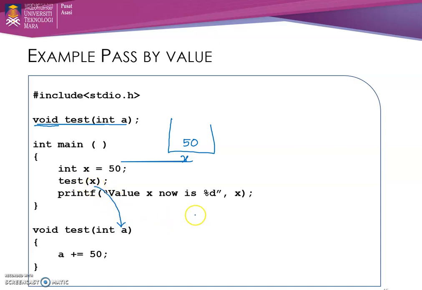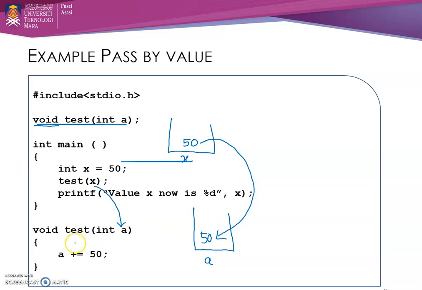So what does it mean? Integer a in function test is going to receive the value of 50. Now, what will happen in the function area?